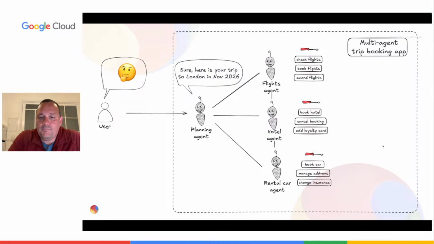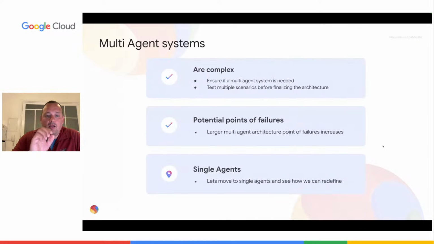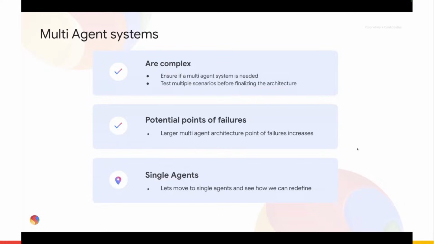And you're like, okay, something didn't quite go right, but what is it? The challenge with multi-agent systems is that there are so many different potential points of failure because they're so complex. So you need to test multiple scenarios before actually finalizing the architecture.